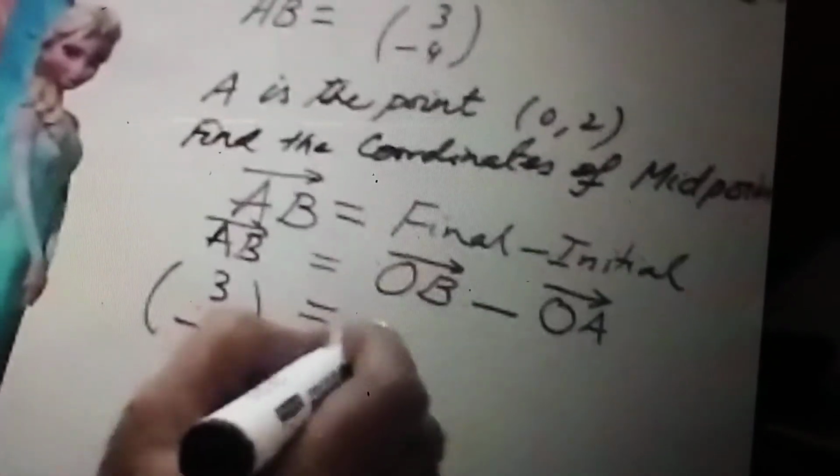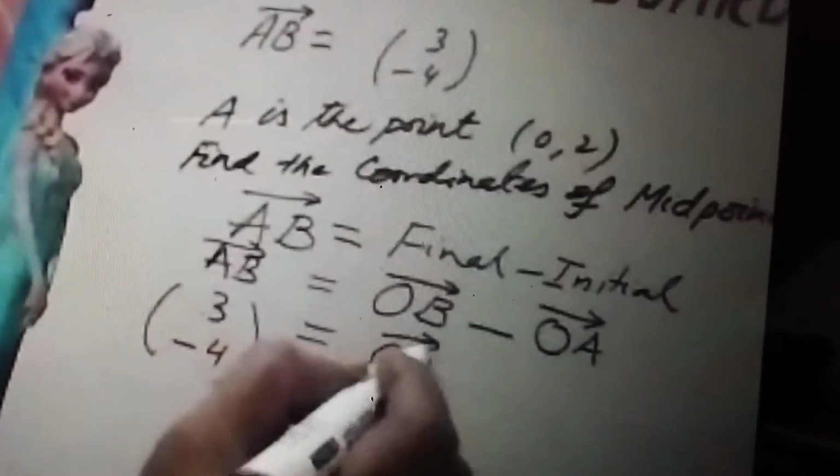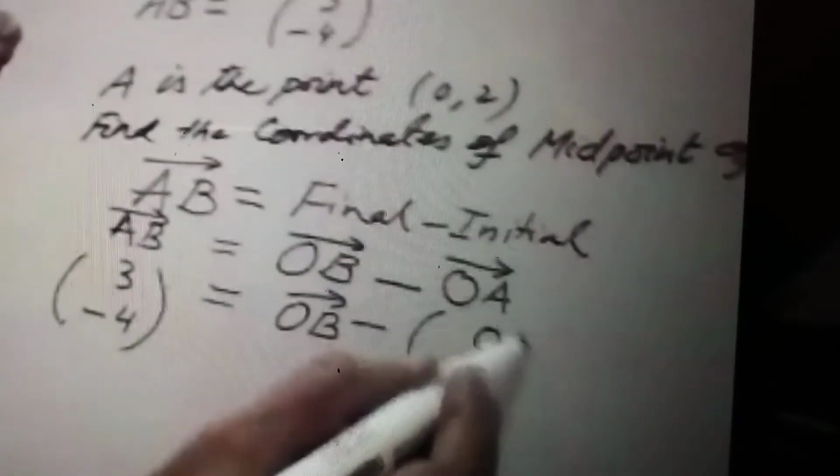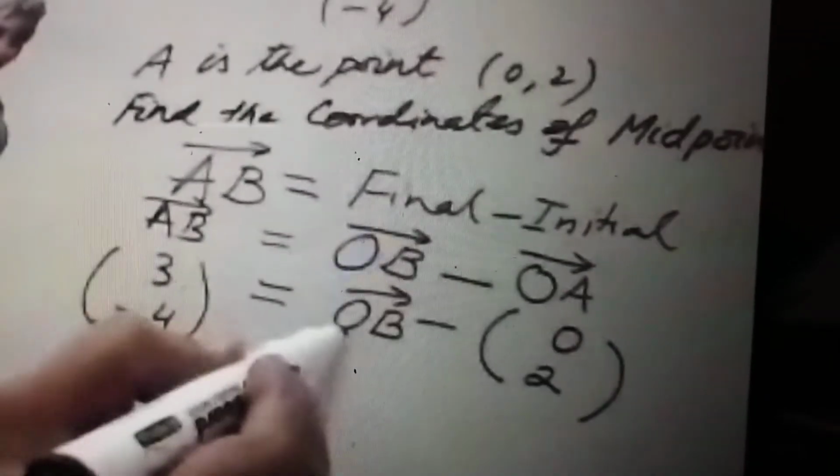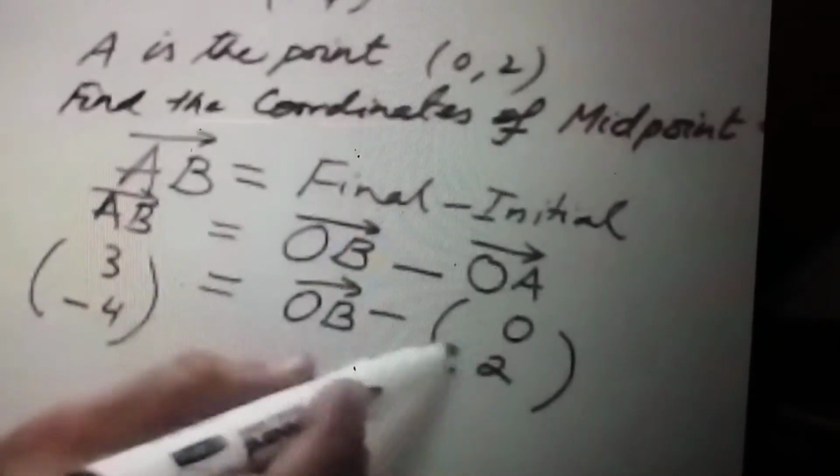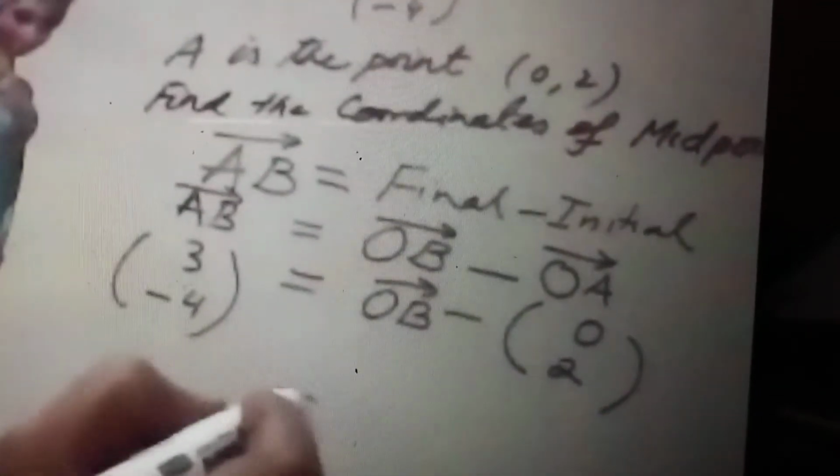So what is AB given to you over here? 3 and minus 4 equals OB, which we are finding out basically, and OA is given to you as 0 and 2.